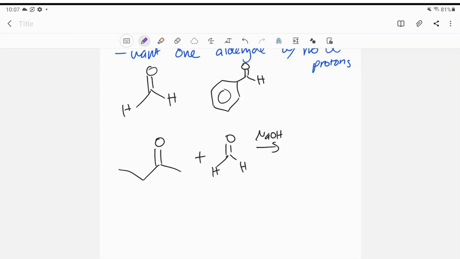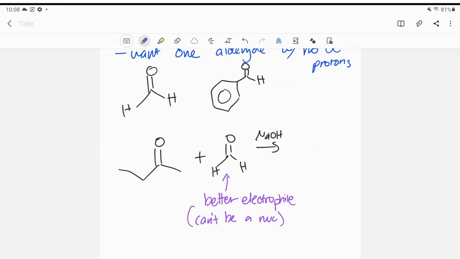So they're more reactive, right? So this is the better electrophile. And because it has no alpha protons, it can't be a nucleophile. There's no alpha protons to remove, so you can't make an enolate of this formaldehyde. And so it's going to be an electrophile.